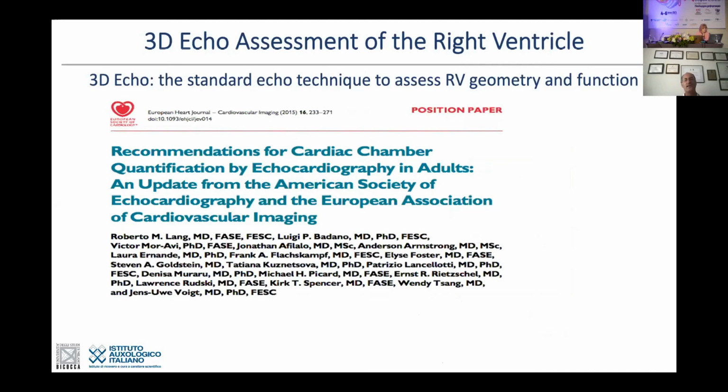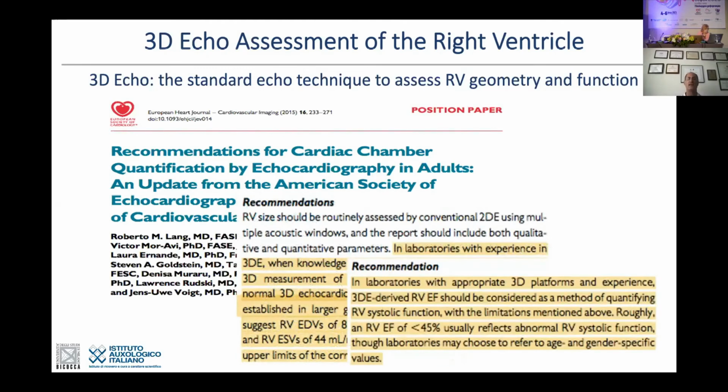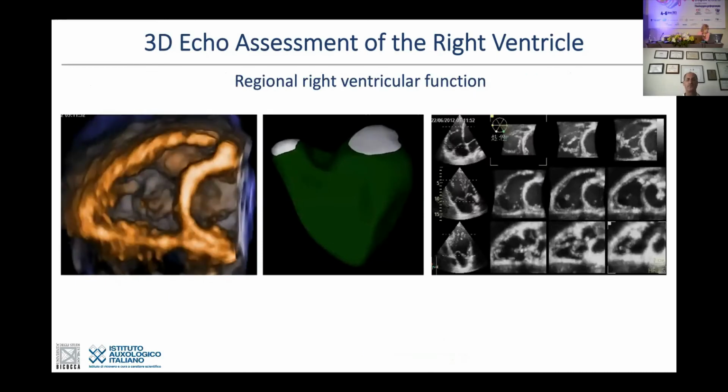So all this data moved the writing committee of the cardiac chamber quantification recommendation to recommend the 3D echo for the measurements of the right ventricular volumes and the ejection fraction.